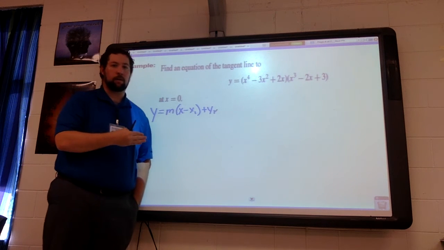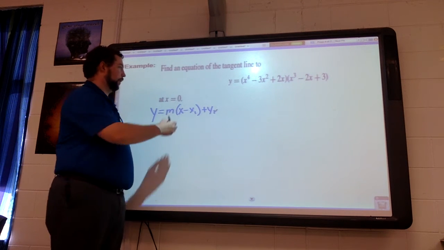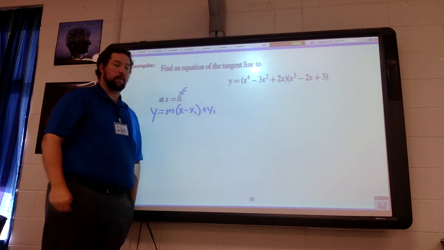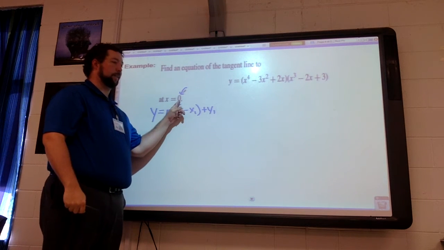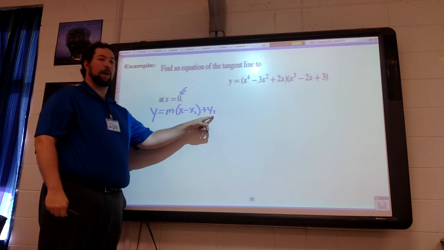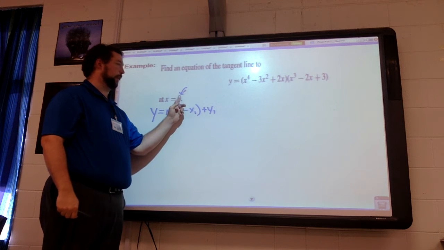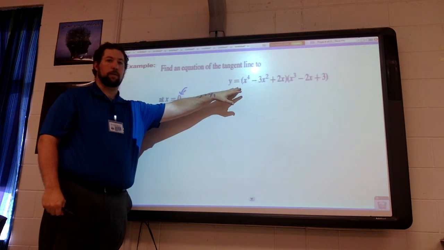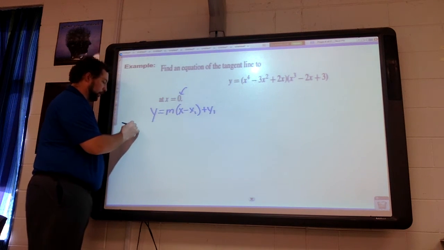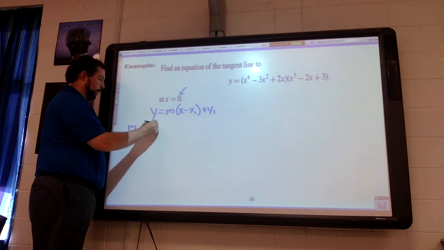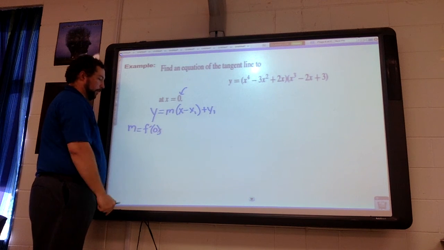All right, we find our slope by finding the derivative and plugging in the 0. All right, our x1 is the 0, and the y1 is what happens when you plug in a 0 into the original function. So again, the slope is the derivative at that point.